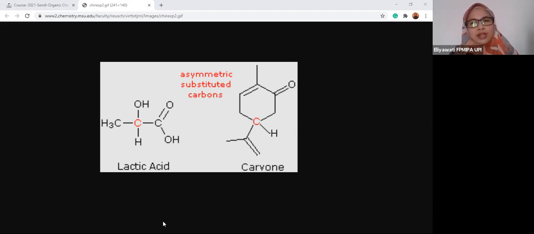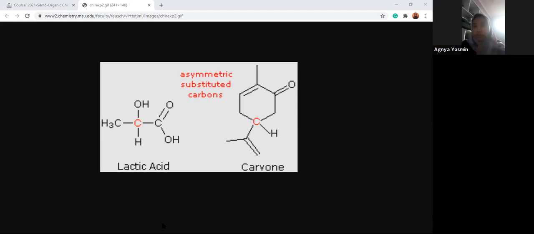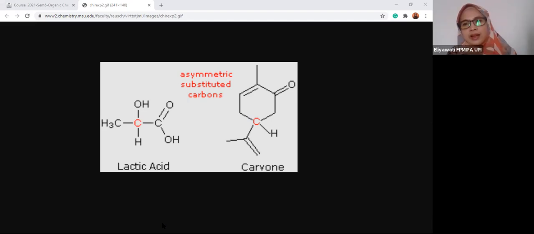So both of these substances, lactic acid and also carbon, can form optical isomers. Okay, thank you, Nabila.